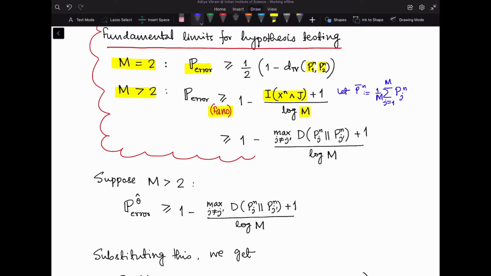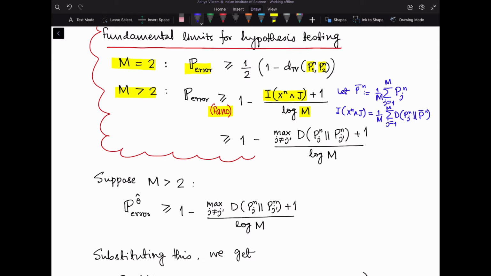Okay, in this case, this mutual information is the average distance, where distance is the KL divergence between those pj's and this average distribution.